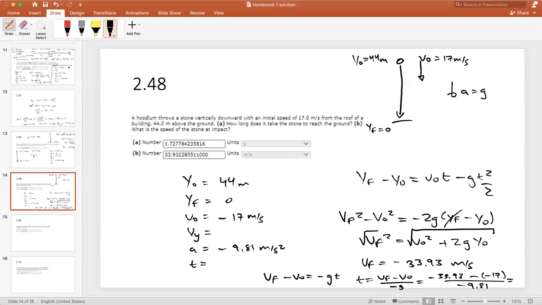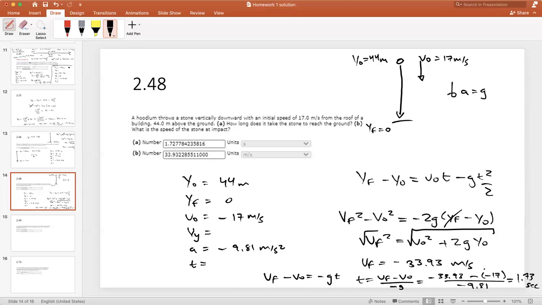And I get 33.93 with a negative sign. So negative 33.93 plus 17 is negative 16.93 divided by negative 9.81. And I get 1.726, so 1.73, which is what they got.